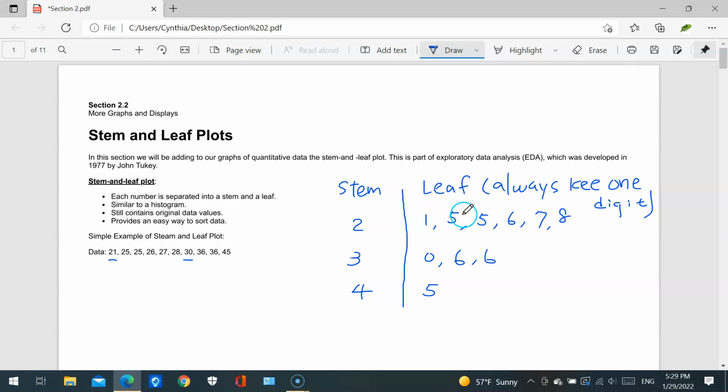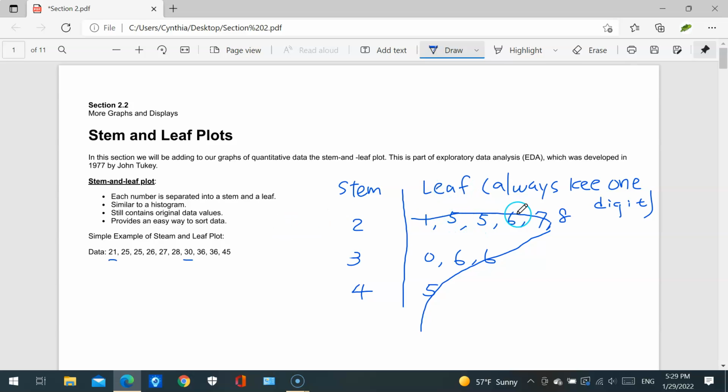With the stem and leaf plot, we can see the tendency, the shape of the graph, and the spread of the graph, and we can also find the mode and the median. With the stem and leaf graph, it's easier.